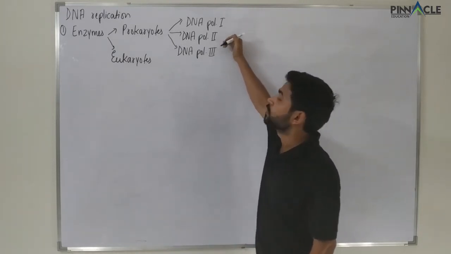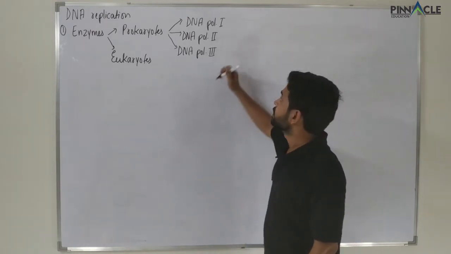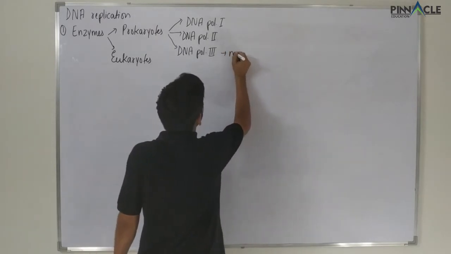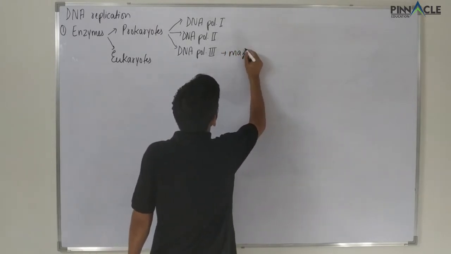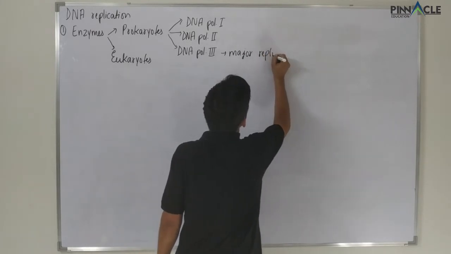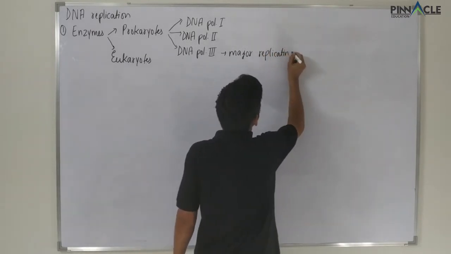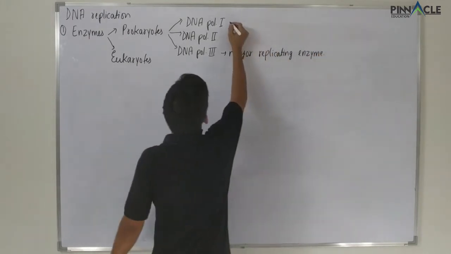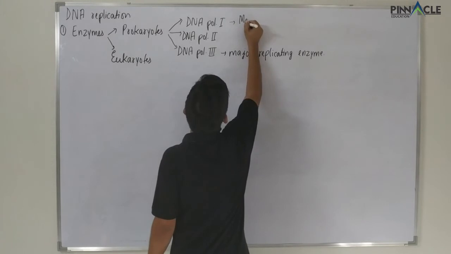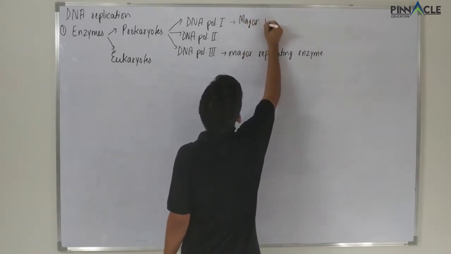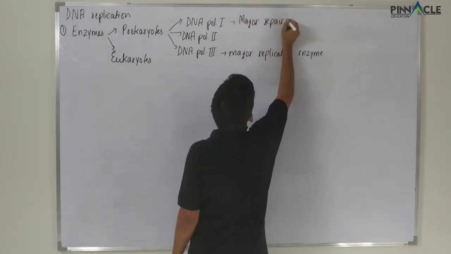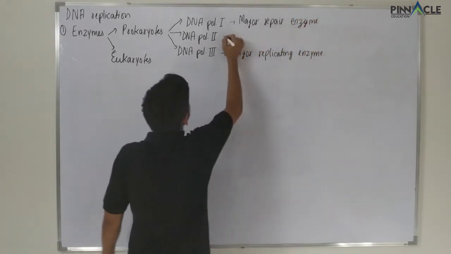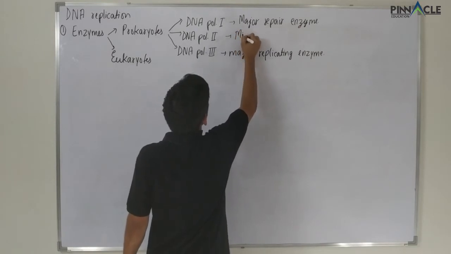They have very little role in DNA replication, and this is the major replicating enzyme. It is a major repair enzyme. And this one is a minor repair enzyme.